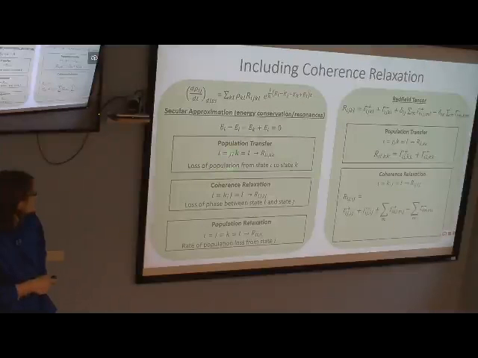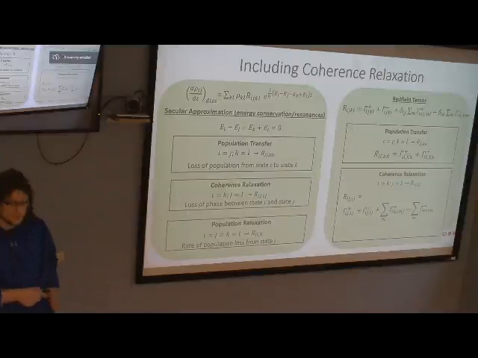So you got population transfer, and then you can also have another scenario where I is equal to K, and E_J is equal to E_L. That's what I refer to as coherence relaxation.